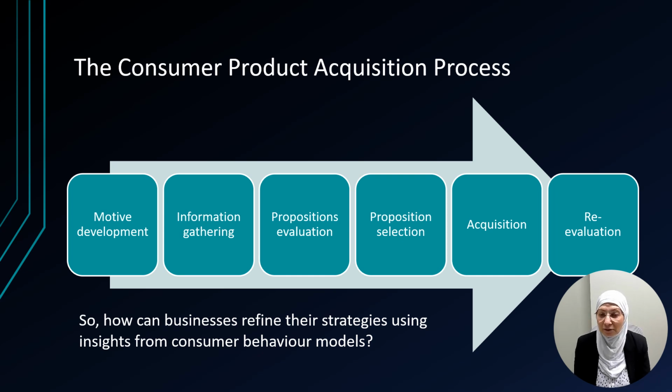And then you identify a few propositions, a few options, and you decide on criteria, whether ad hoc criteria or quite rational criteria, like if you're buying a TV or a laptop, you have specific requirements. You're looking at the latest technologies and what it can do for you. So you do that evaluation based on these criteria, and then you make a selection. So you shortlist them and you end up selecting one of them.